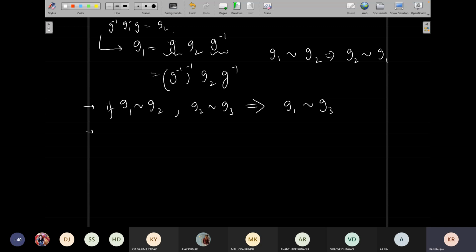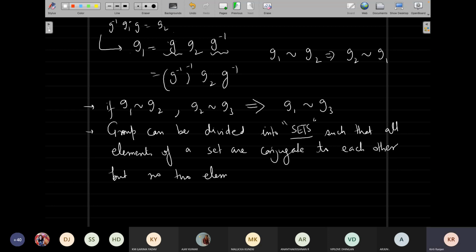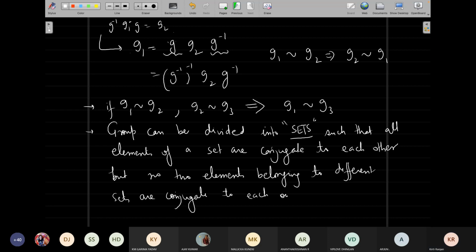What is interesting about it is that the group, which we divided into cosets earlier, can be divided into sets such that all elements of a set are conjugate to each other, but no two elements belonging to different sets are conjugate to each other.